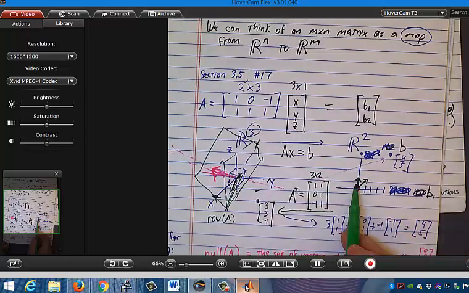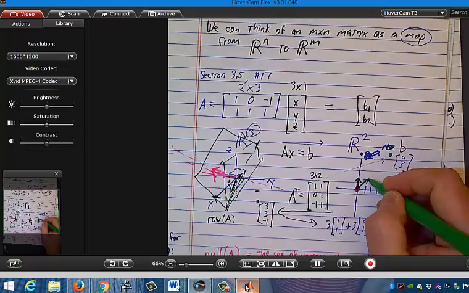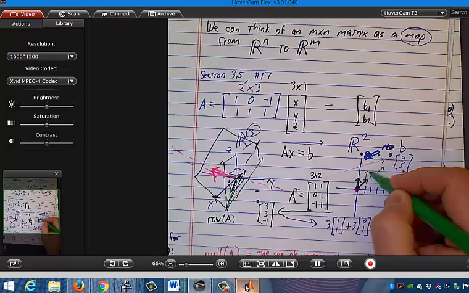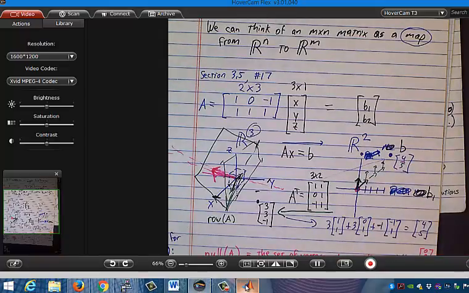Isn't it true you could get anything in R2 by adding those two vectors and doing scalar multiples? Yeah, that was the example we had the very first class. Remember we had the funny graph paper? You could get anything from this, so it'll span all of R2.